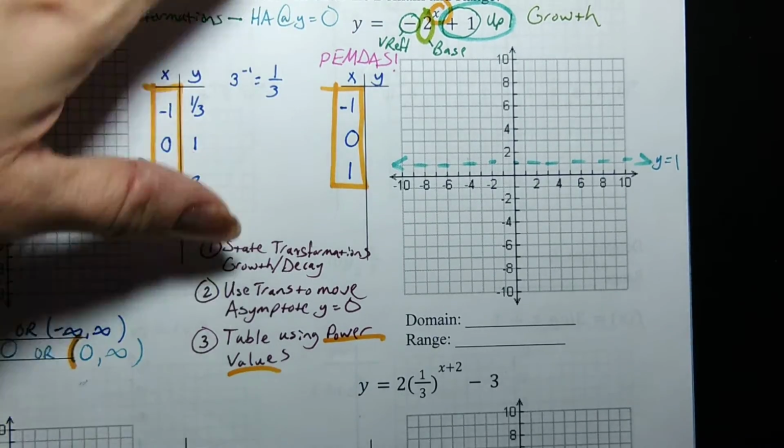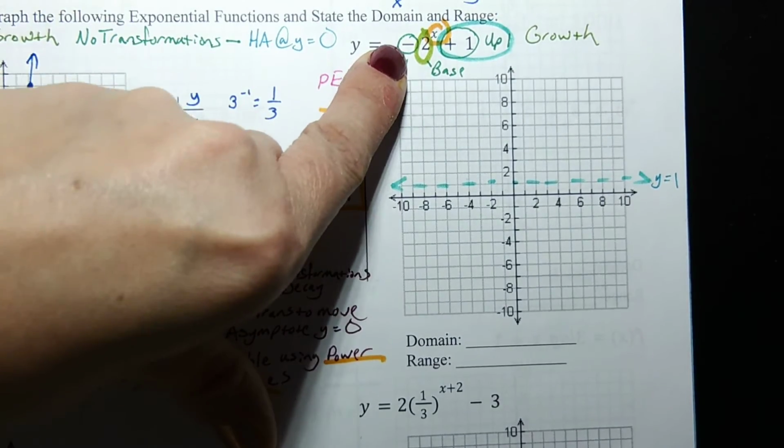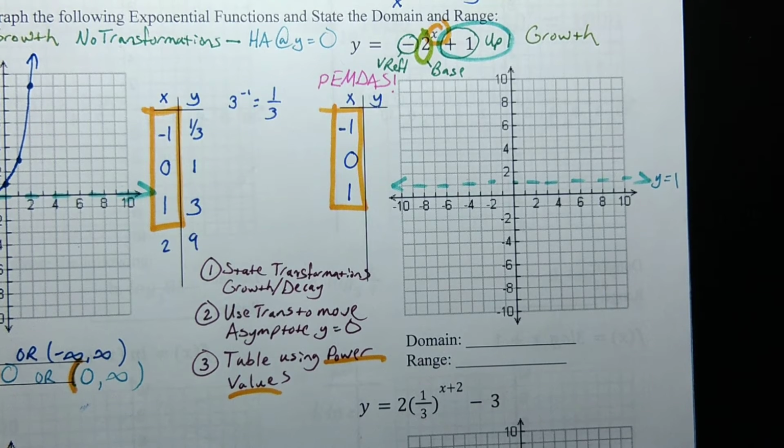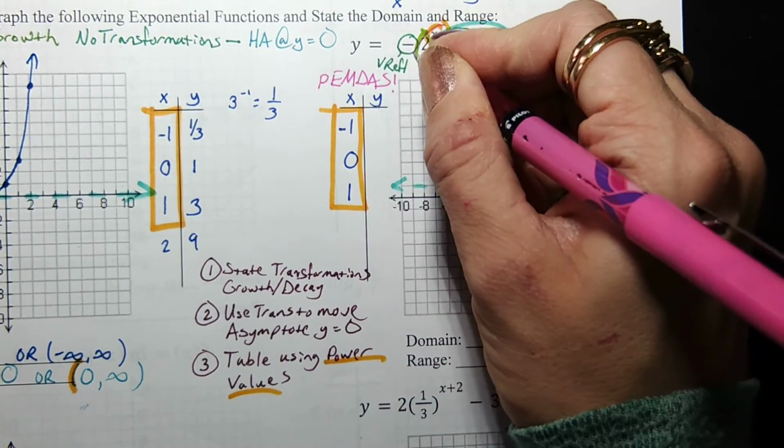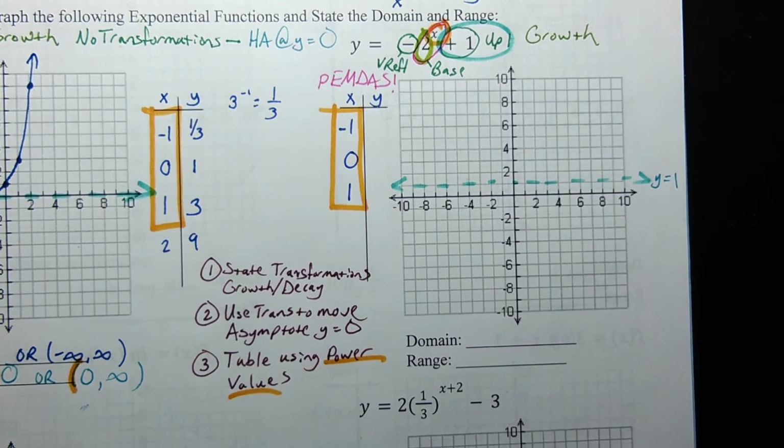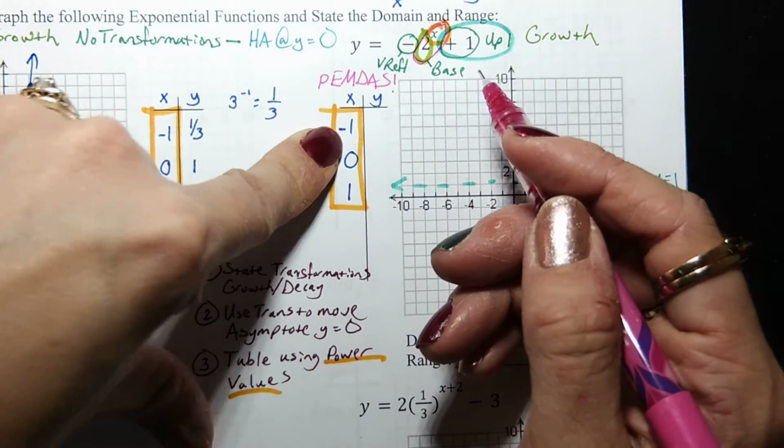If I plug in -1, am I going to take -2 to the -1 or 2 to the -1 and then the opposite of it? We handled the exponent first.